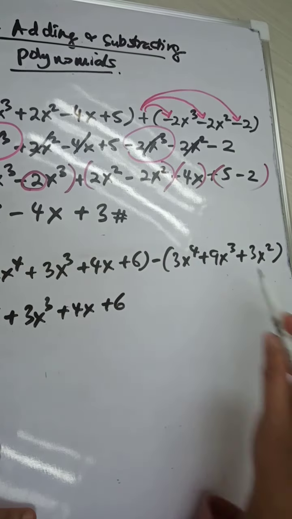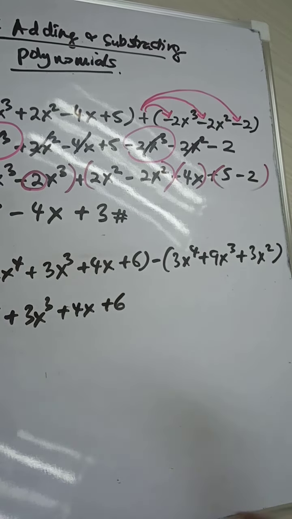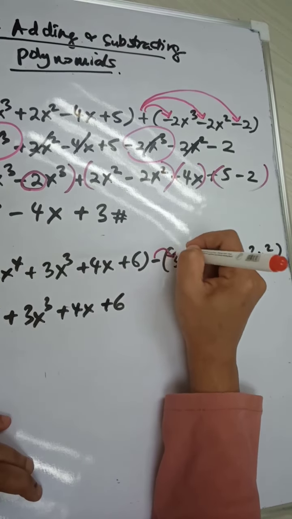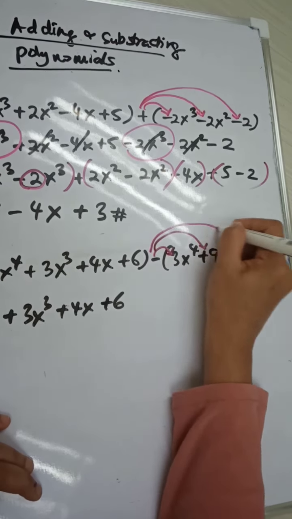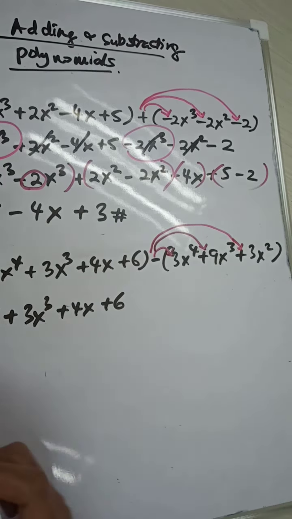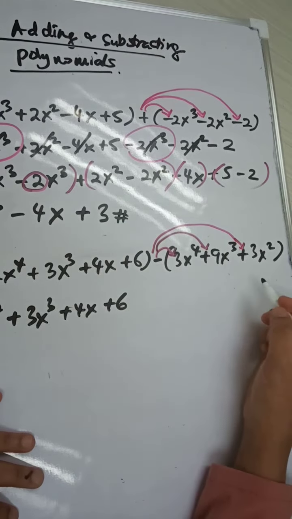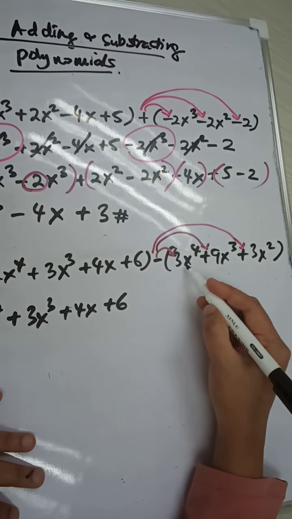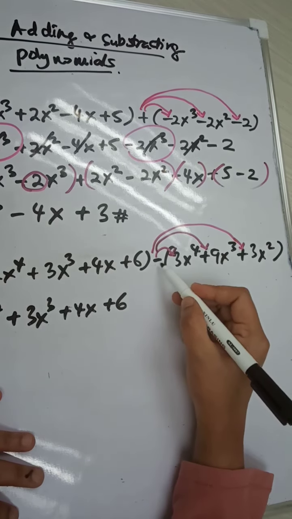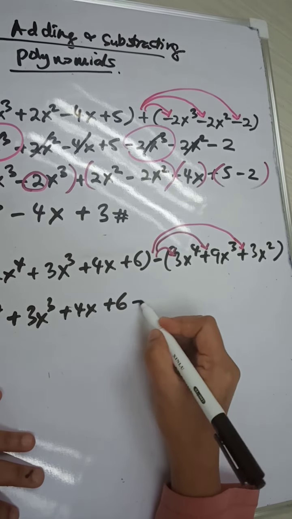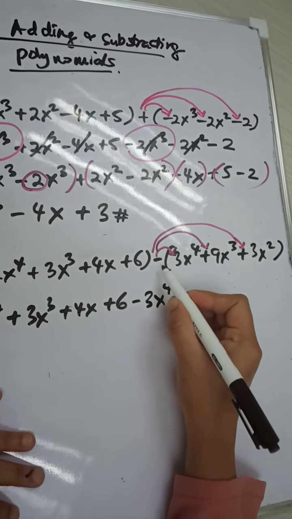Now when it involves the operation of subtraction, you have to expand one by one. Remember, expand only the operation. Now we have negative. When we expand, we have negative 3x power 4.